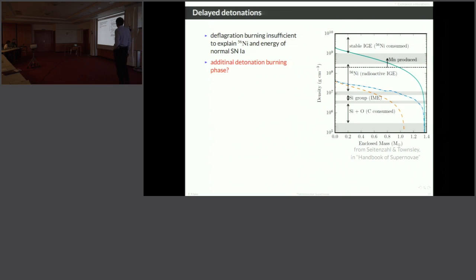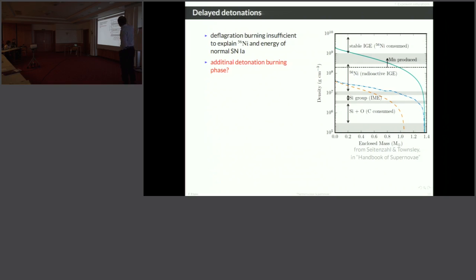The reason for this is that the initial deflagration will pre-expand the star, and then you have low densities. You don't have the star in hydrostatic equilibrium anymore, and that means that you can now allow for a detonation to burn out the rest at low densities, and it will actually produce intermediate mass elements. This is also shown here in this diagram by Ivo and Dean. The typical structure of a Chandrasekhar-mass white dwarf at the onset of a detonation after a previous deflagration phase is shown here in blue.